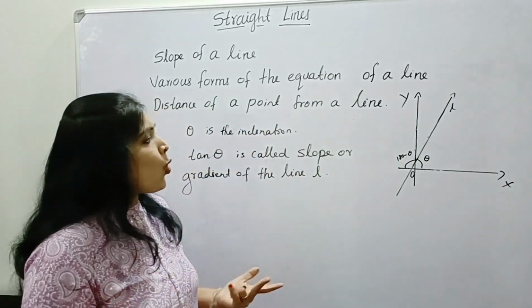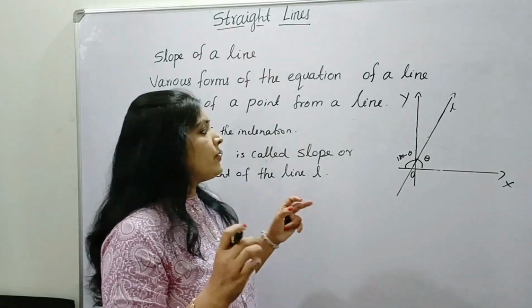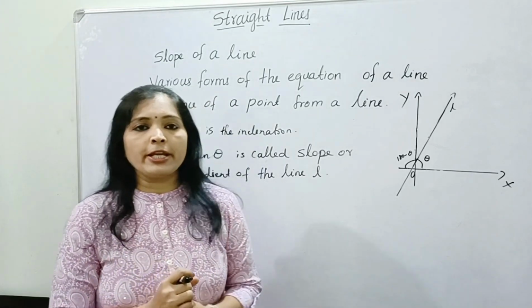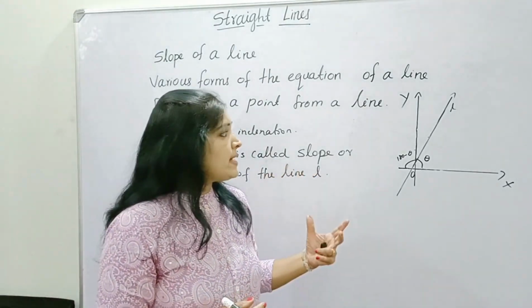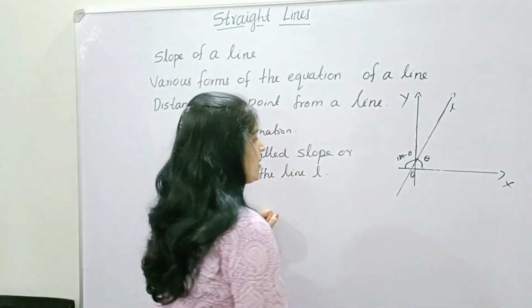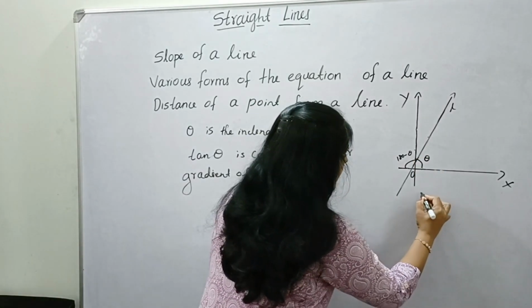Then what is the slope of the straight line whose inclination is 90 degrees?